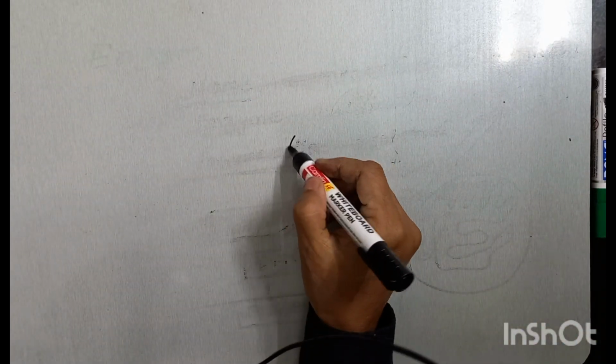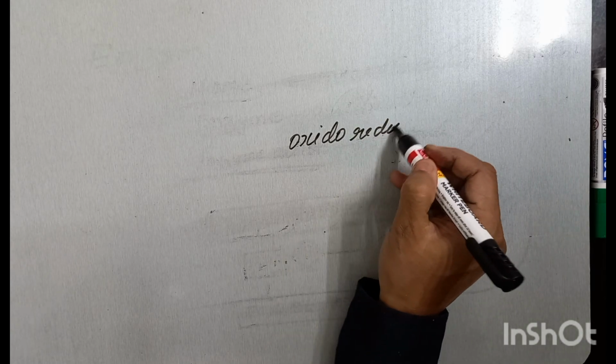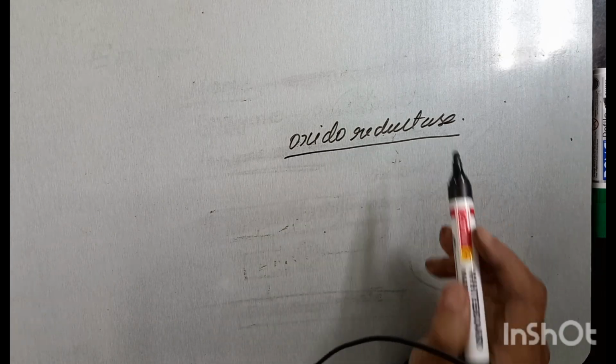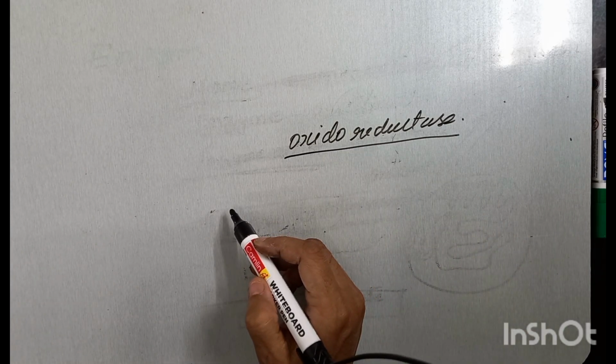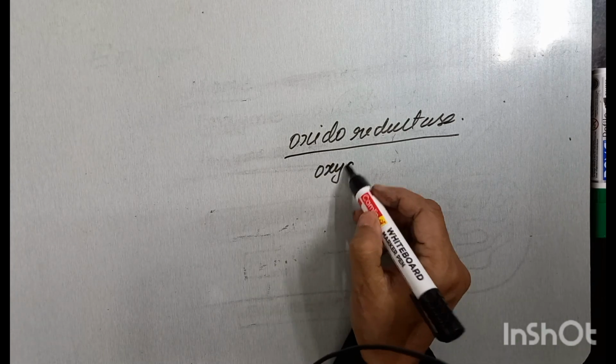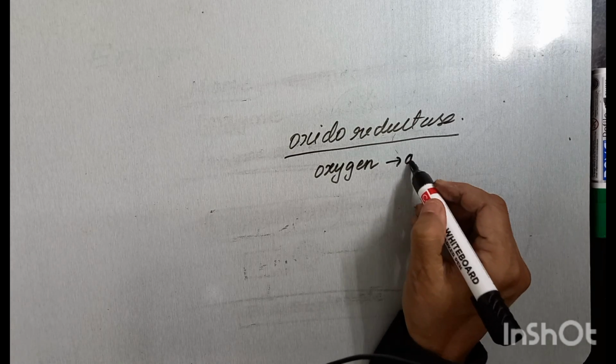So, what is the action of an oxidoreductase? Oxidoreductases are generally enzymes which add on oxygen. We know that when we add oxygen to some molecule, it is an oxidation reaction.